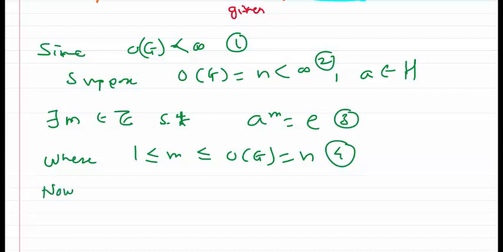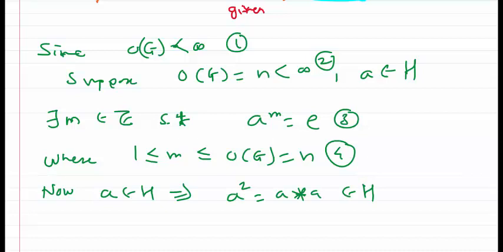So now, we have given H is a non-empty set, so H contains the E element. So E belongs to H. We are having some order. By closure property, A square, means A star A, belongs to H. If A square equals E, then it is done.